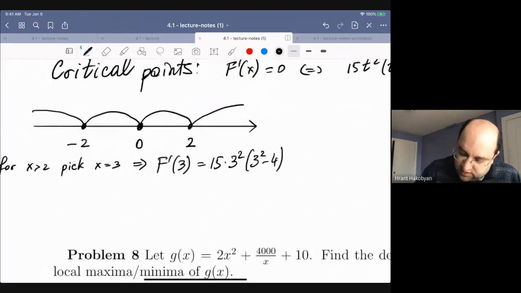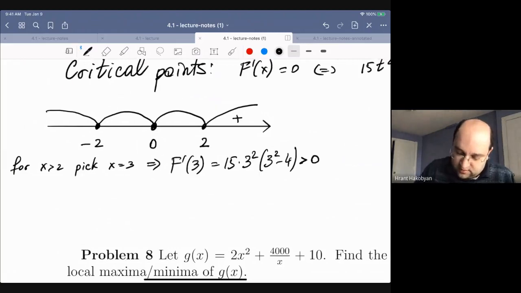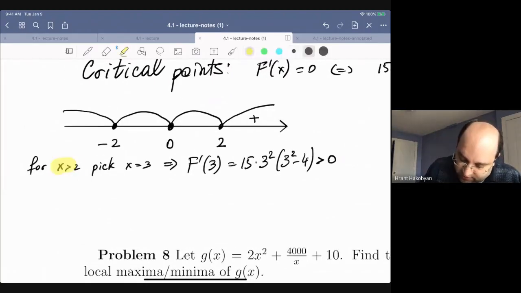Okay? And just calculating it, you see that it's a positive number. So I'm going to put a plus here. So for x greater than 2, I picked x equals 3, and I found that the derivative is positive, so I put a plus here.